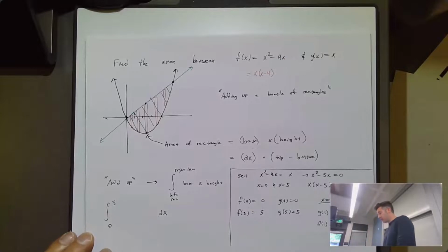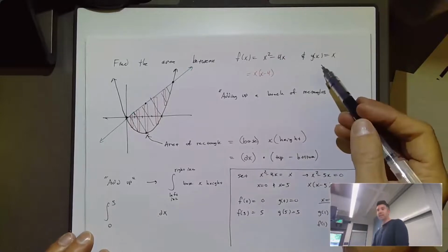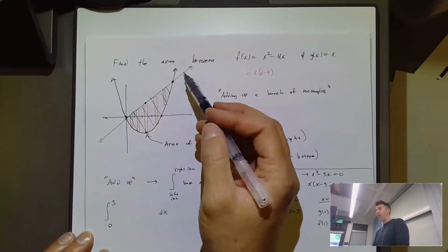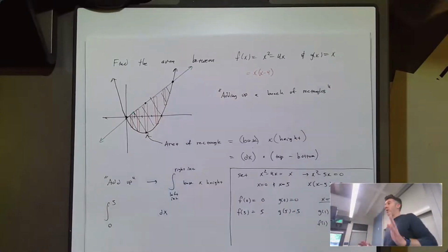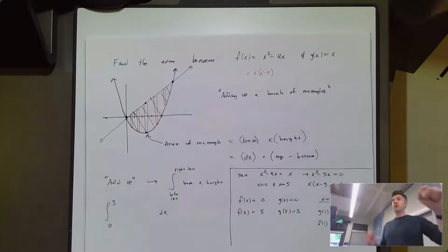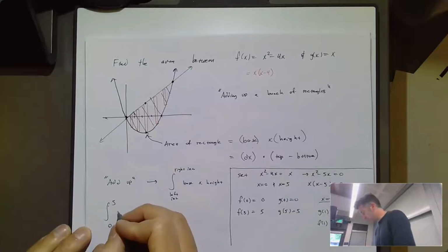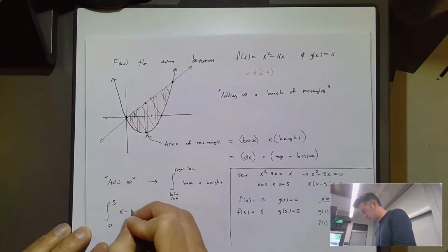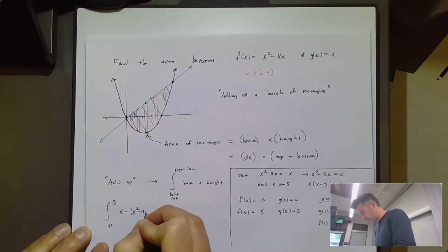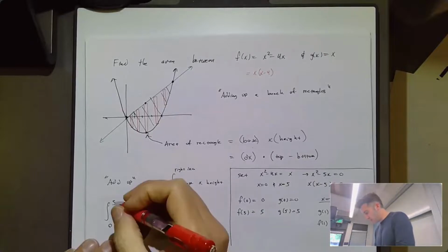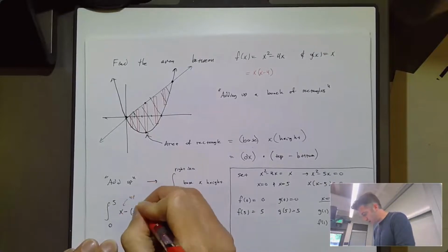So clearly, g of x equal to x is the larger function on that interval. So if you don't want to draw it or can't draw it because it's super funky looking, you can always test a point in between the endpoints and figure out which function's bigger that way. So I know it's going to be x minus x squared minus 4x. There's your top. There's your bottom.